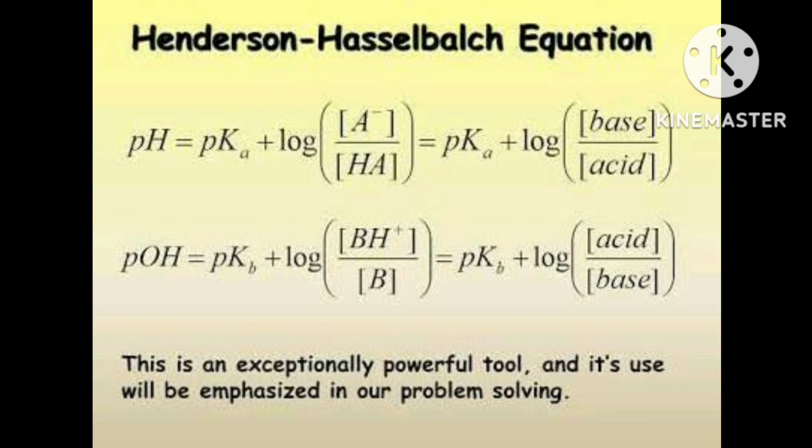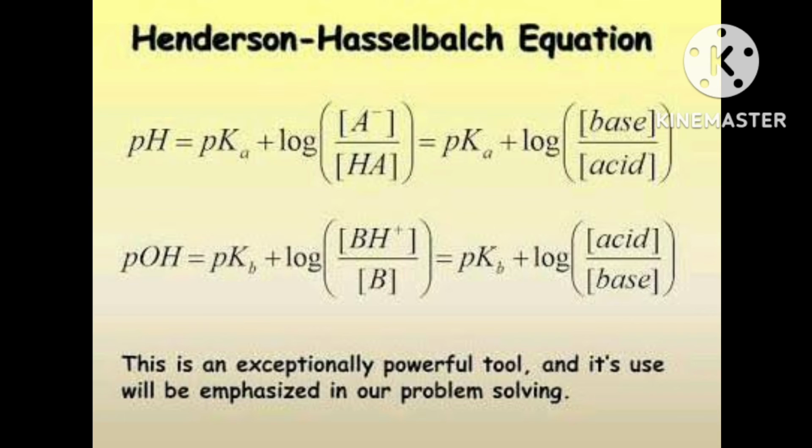That also you can write in the place of pH and pOH, you can write pKa plus pKb, that is equal to pKw. Then you got three relations: pH plus pOH is equal to 14, pH plus pOH is equal to pKw, and again for the pH you have written pKa, and for the pOH you have written pKb, then pKa plus pKb is equal to pKw.